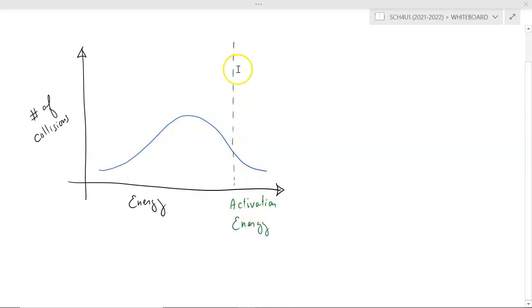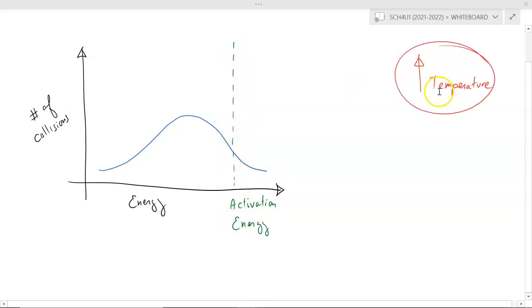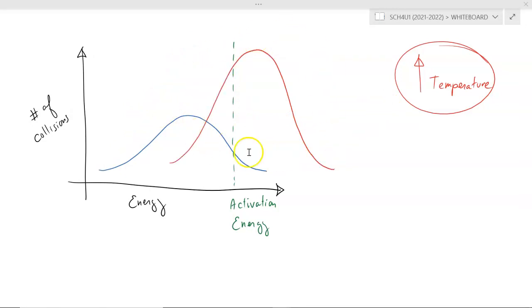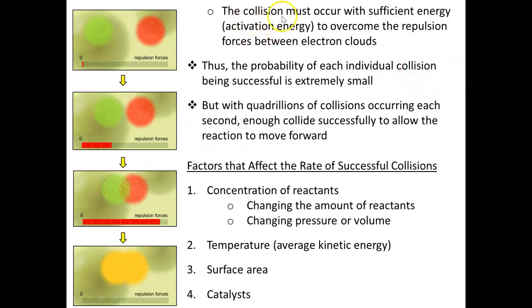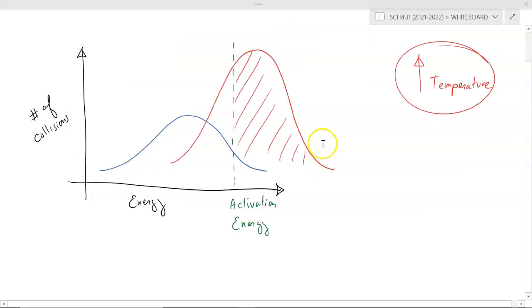So this is the amount of energy required to have a successful collision. By increasing the temperature, not only do you increase the number of collisions, but you also shift the entire graph to the right. Now more of these particles are moving faster and are able to slam into each other with enough energy, the activation energy, to increase the number of successful collisions per second.